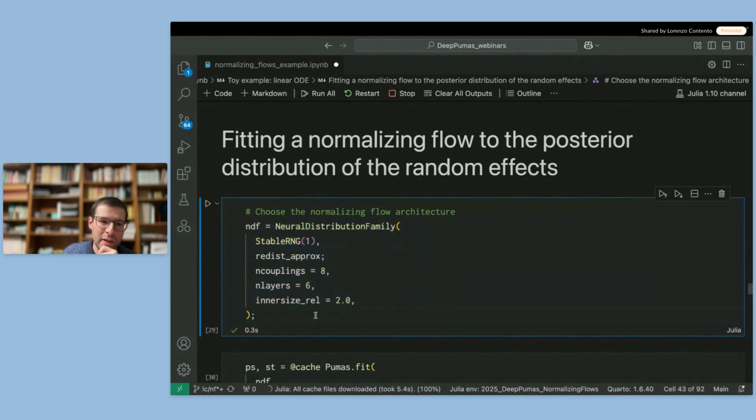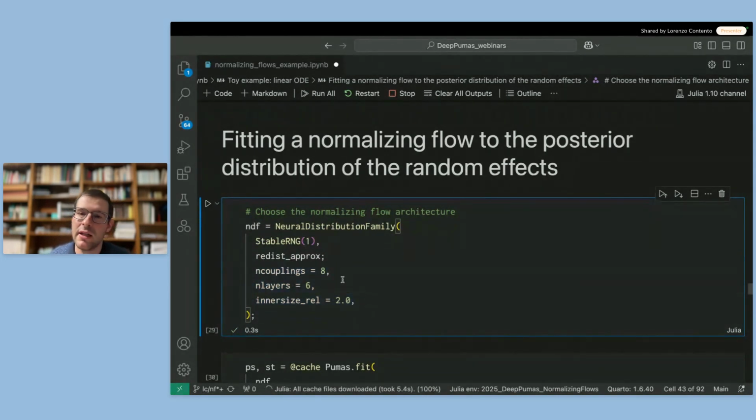So the more complex the normalizing flow, the more distributions it will be able to approximate, but obviously computational time will increase. So again, this is not really important to understand right now.